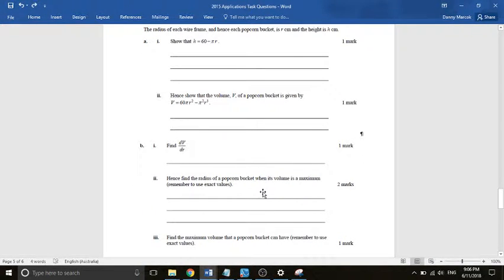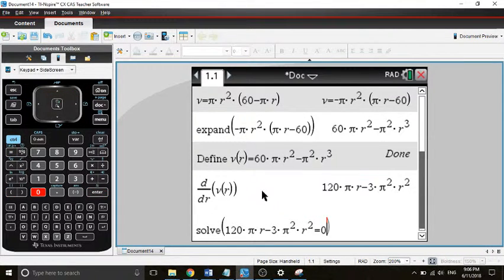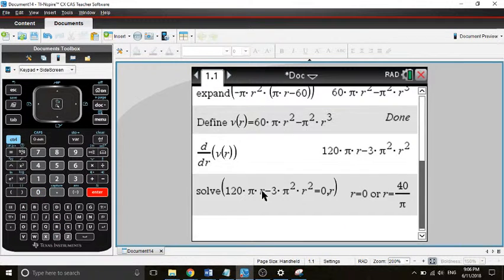Hence, find the radius of popcorn when the volume is at a maximum. So we want to find when the volume is at a maximum. We'll take our derivative and check where it equals 0. So we solve the derivative equals 0 for r. It happens either at 0 or at 40 on pi.